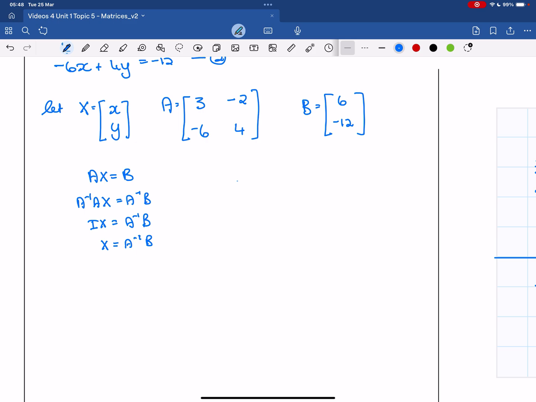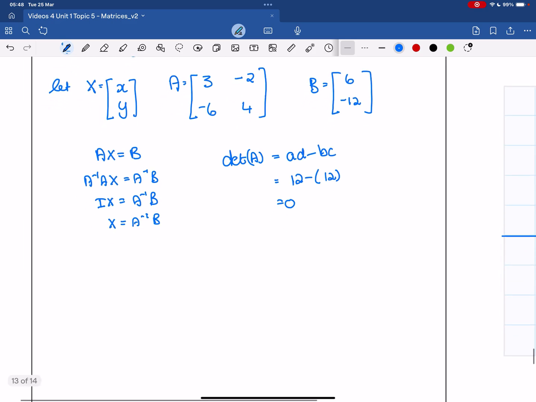And our determinant is going to tell us how many solutions we've got. So our determinant of A is going to be AD minus BC. And that's going to be 12 minus 12, which is 0.